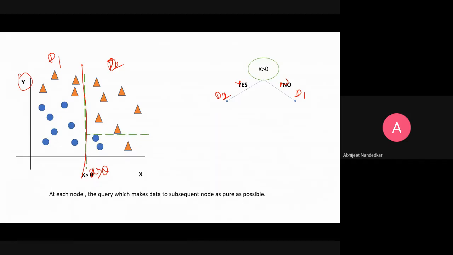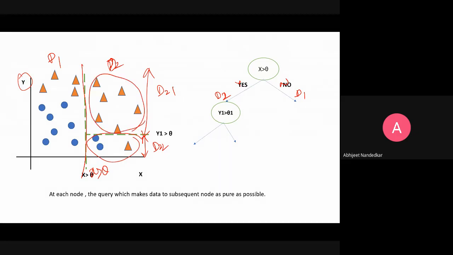Then I take the d2 set and I use feature y. So I ask the question, if y is greater than some theta, then based on this I get this data set, say d21, and this data set d22. So this is one group and this is another group. Now the upper one is pure, so we can declare it as a leaf.